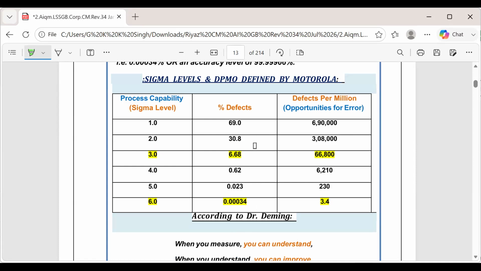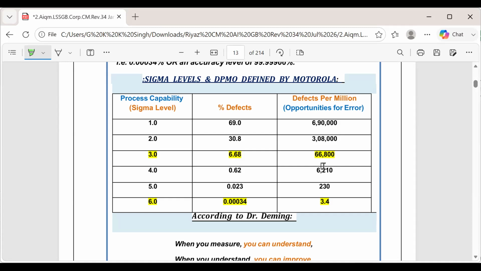And if you convert this 6.68% to per million, how will we do that? We will say 6.68% means 6.68 divided by 100 and multiplied by a million. So for a million transactions, it becomes 66,800. The purpose of converting percent to per million is to highlight or magnify the defects.